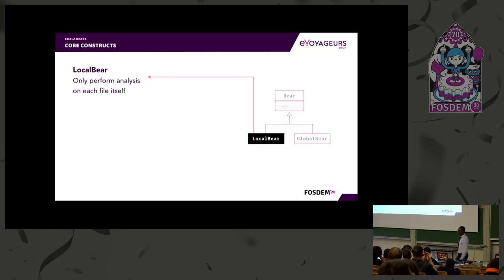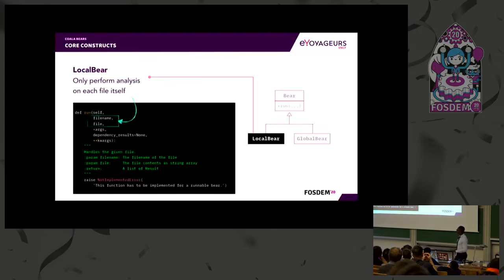Local bears run on every file of your project. And the run function provides the file name and the file content for you to run your algorithm.